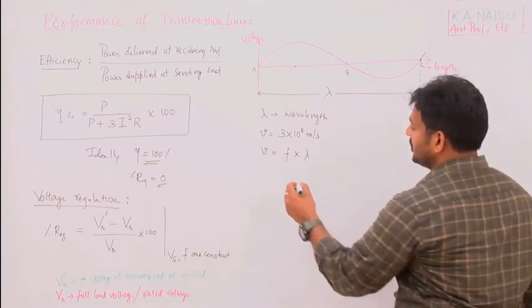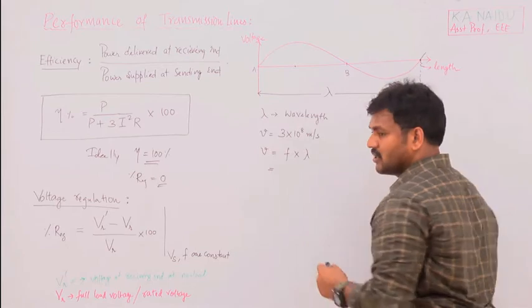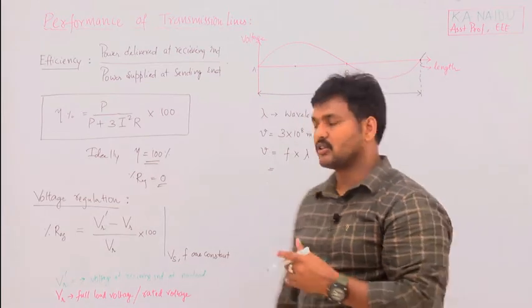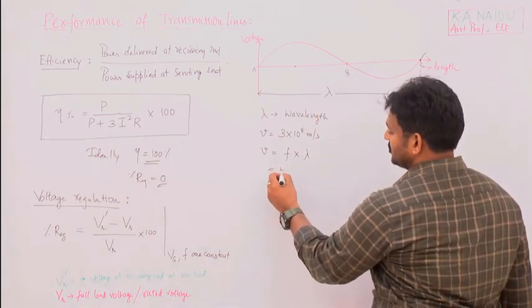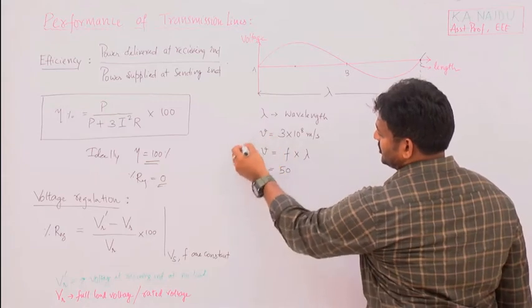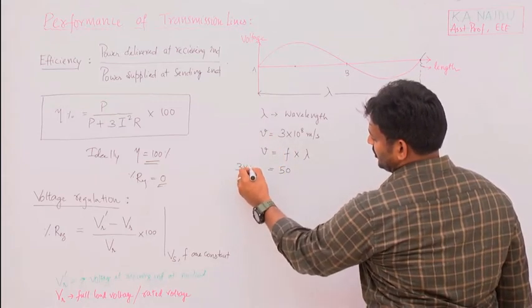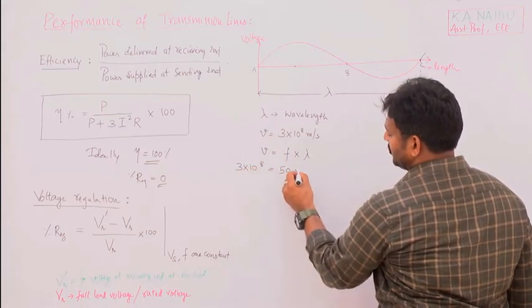Clear? So in India we have a constant frequency of 50 Hz. So let us substitute that. Similarly substitute velocity 3 into 10 power 8 into lambda.